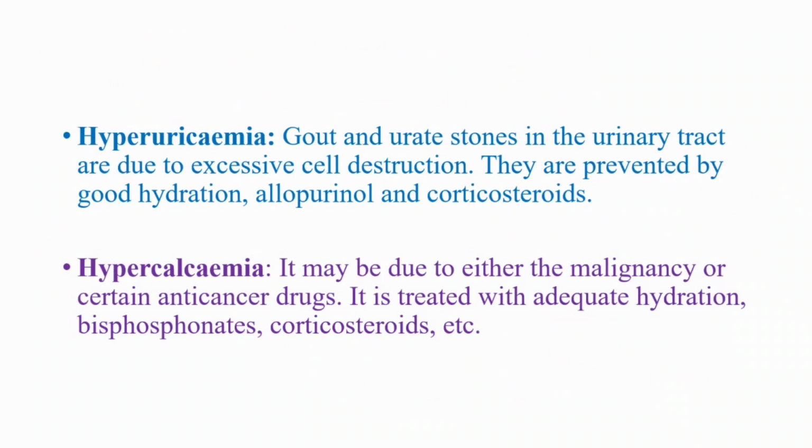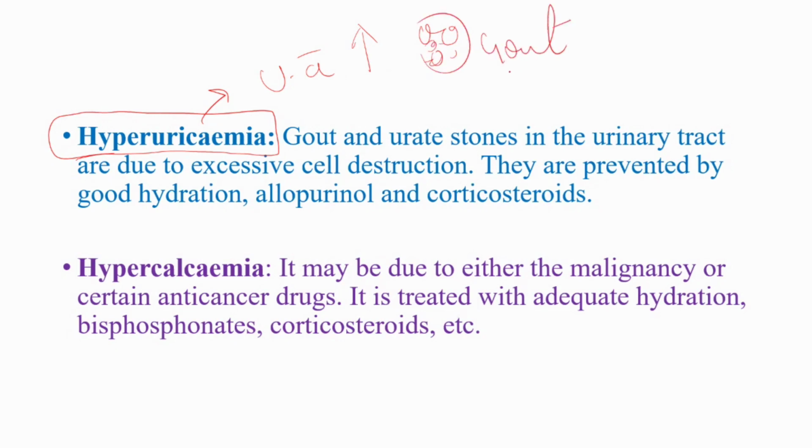And next, there is another adverse effect which is called hyperuricemia. Hyperuricemia is the condition where the patient's uric acid is elevated. So increased uric acid will go and accumulate in certain tissues and cause gout. Gout is the condition where excess uric acid accumulates in the joints and causes joint inflammation.